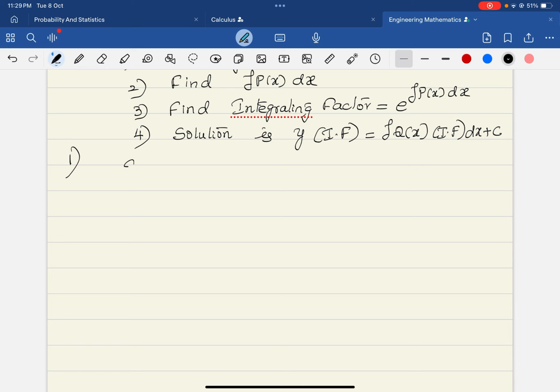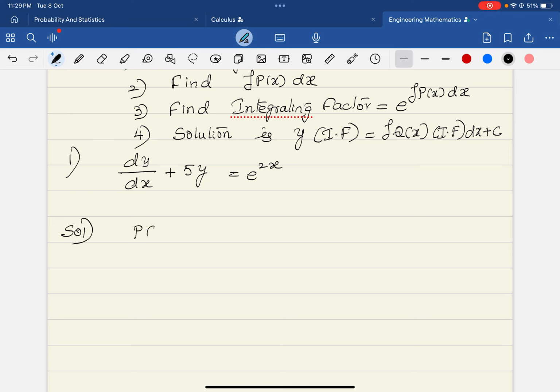The equation is dy by dx plus 5y is equal to e raised to 2x. Now let us see this. First, when you compare with the standard form, you can identify what is p of x. P of x is 5. Let us equate this with the standard form. What is the standard form?